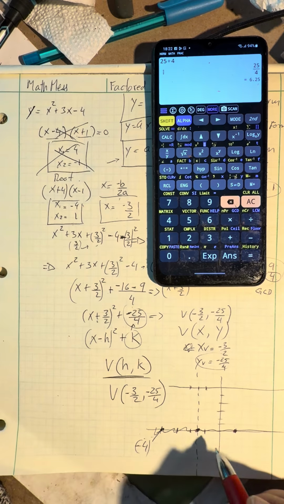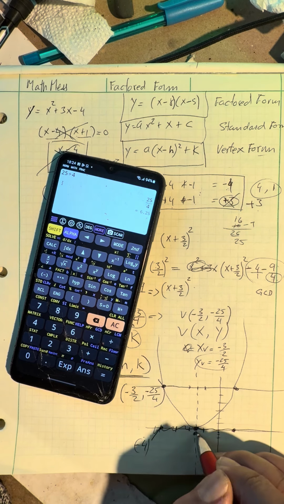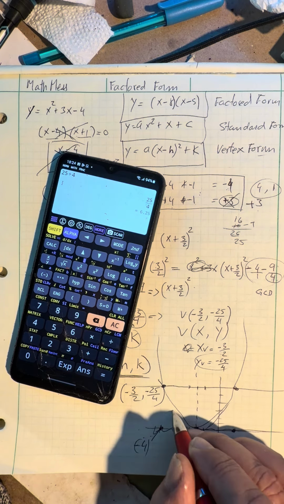It's 25 divided by 4 is equal to 6.25. So it's like a quarter there. So this will be a little bit further here. Okay. So it's not this one here. It's a little bit further.